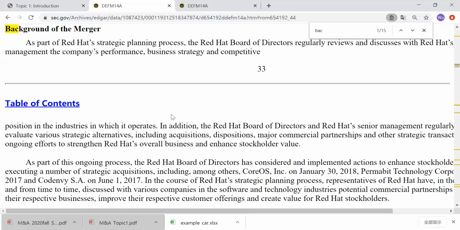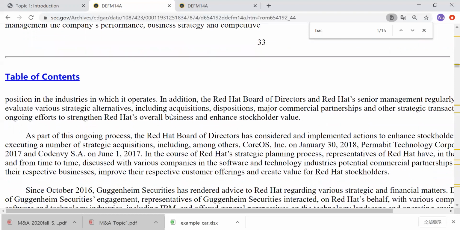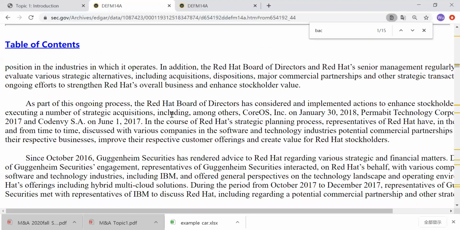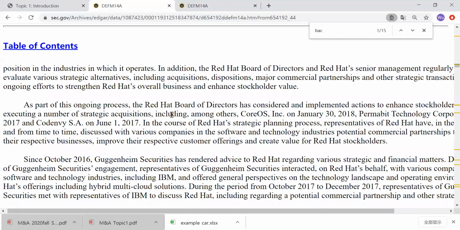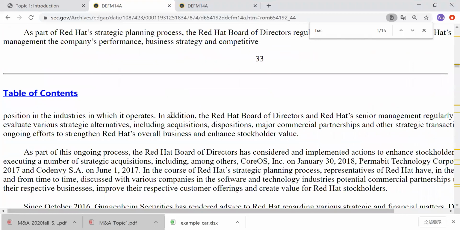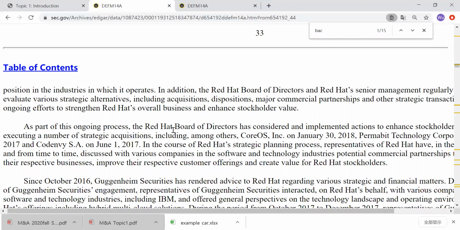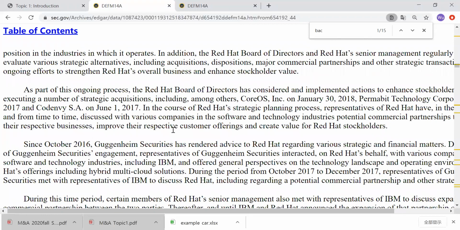So you can see this is the deal between IBM and Red Hat. The initial, first or second paragraph talks about the fact that the Red Hat board of directors has been implementing different strategic alternatives in order to enhance shareholder value. So Red Hat is also making acquisitions.